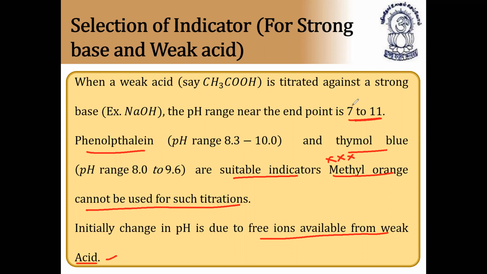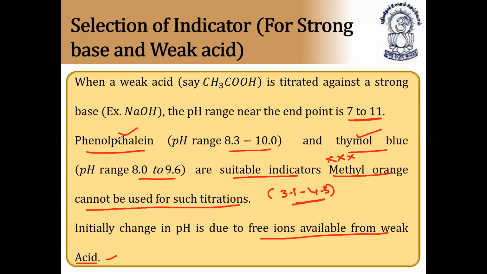Since the endpoint is 7 to 11, methyl orange cannot be used for such titration because the range of methyl orange is 3.1 to 4.3 only. So that's why it will not show any effect on this indication. So we'll use phenolphthalein as well as thymol blue as suitable indicators because they can show the pH range of 8 to 9.6 and 8.3 to 10.